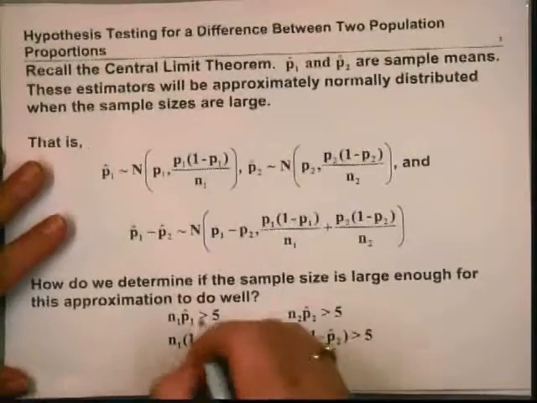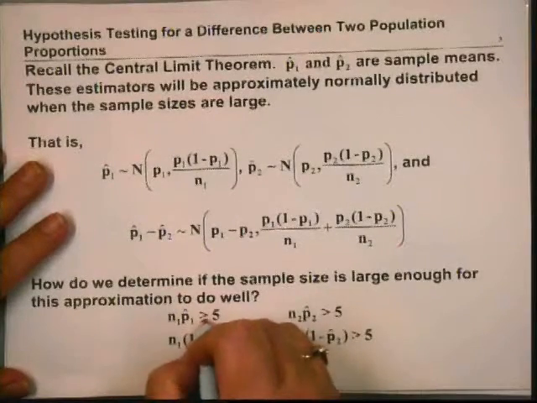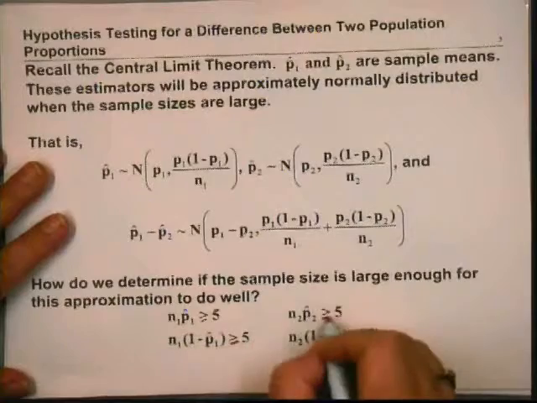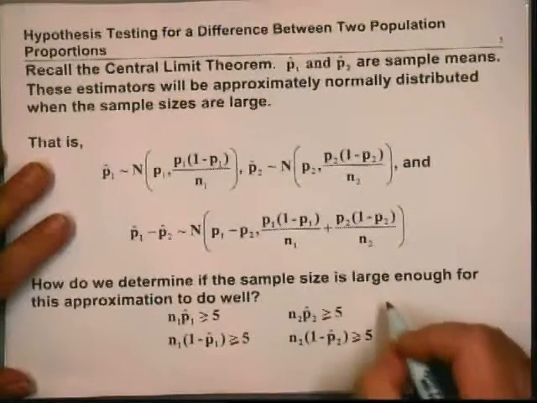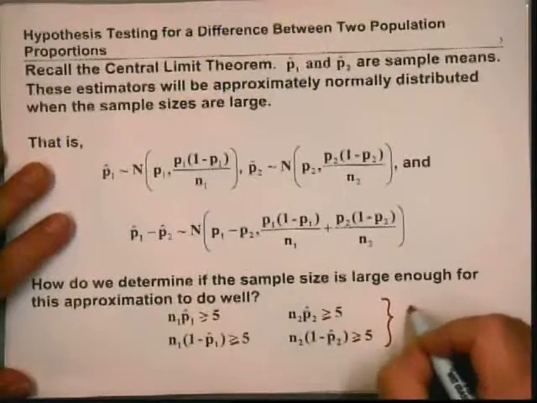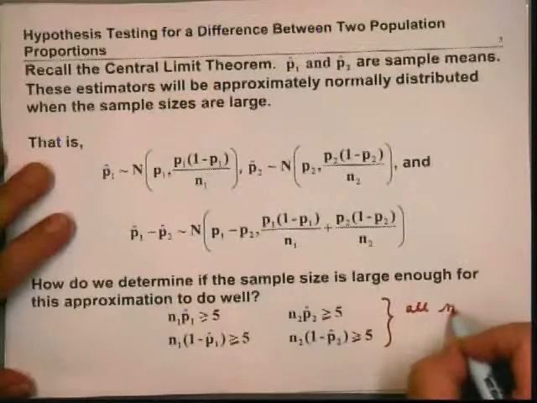If I wrote equal to previously, then all those would also be greater than or equal to. It must be the case that all of these must be satisfied, not just some of them.